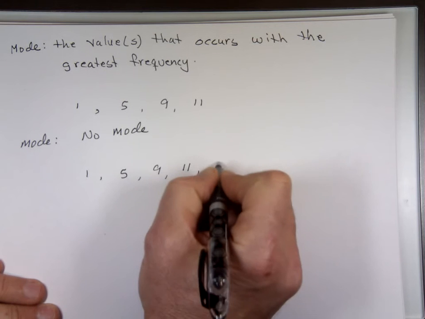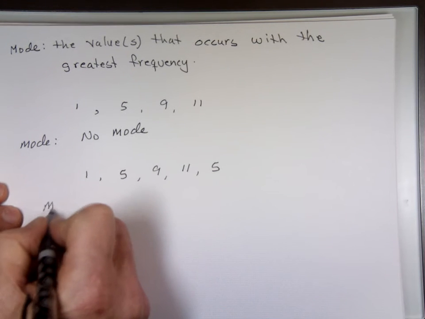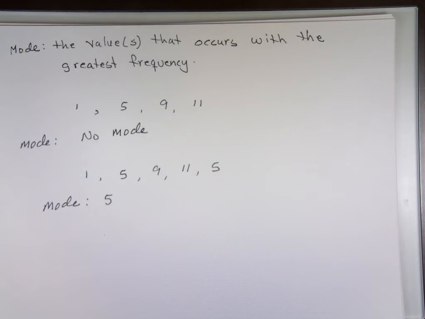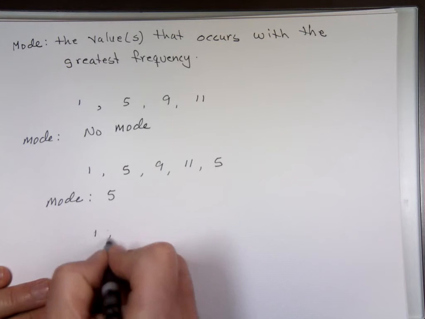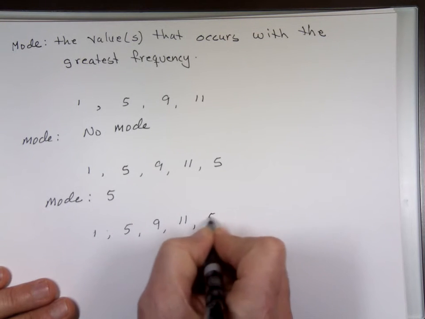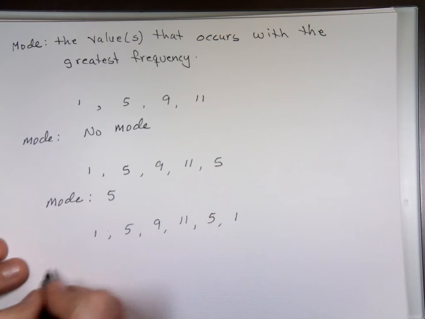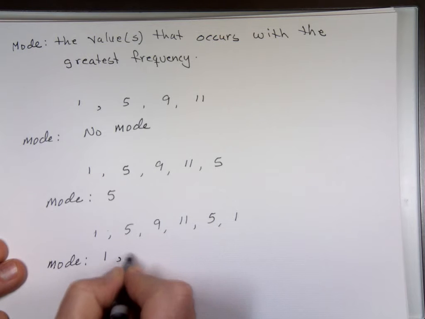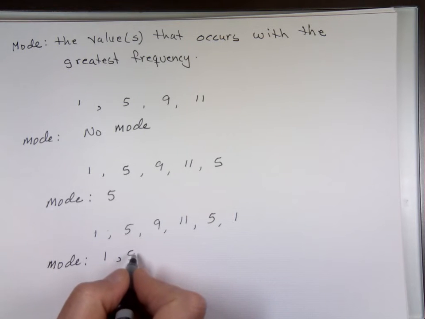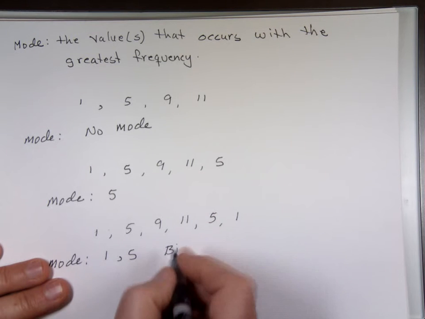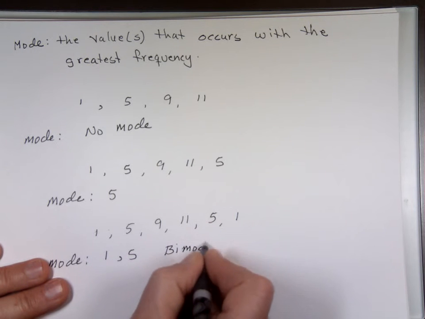What's the mode? 5 is the mode. Another example, 1, 5, 9, 11, 5, 1. What's the mode? Yep, 1, comma, 5. You have two modes. A lot of times we call that bimodal. Bi is two.